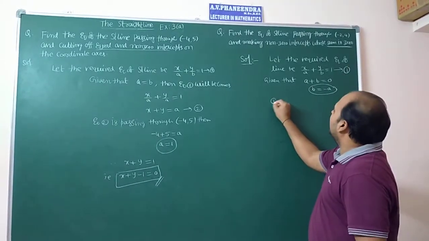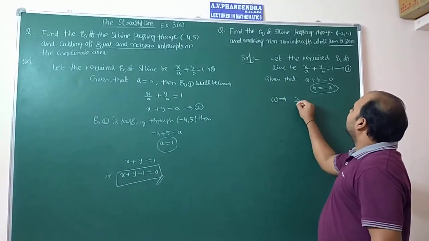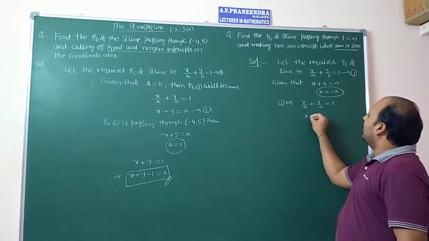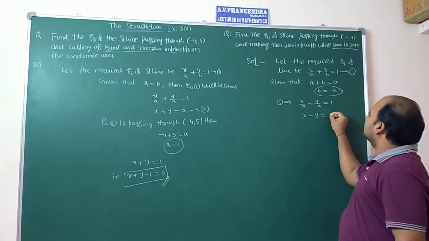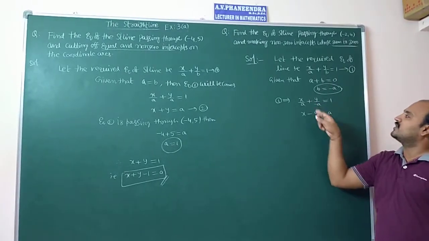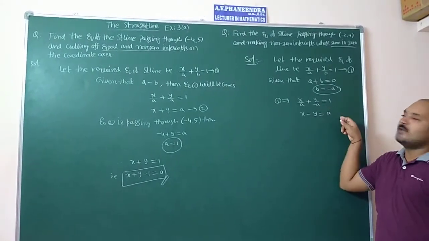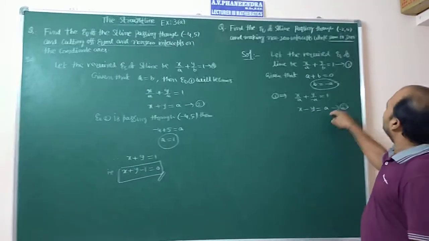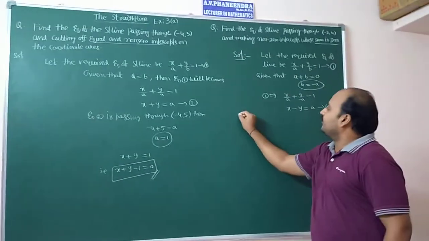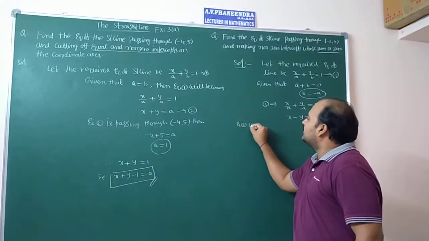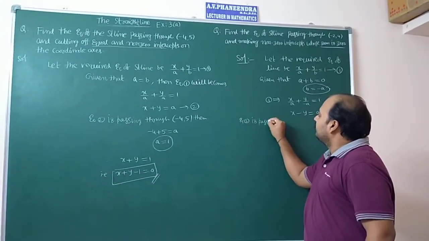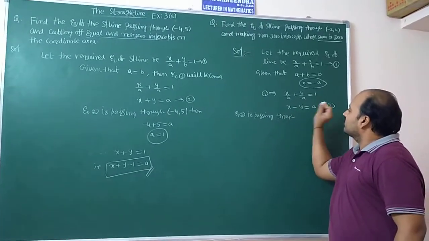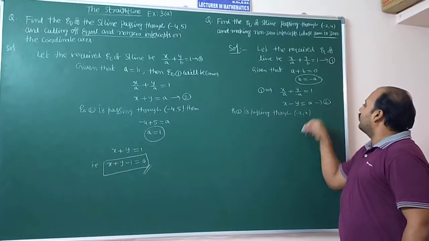So equation 1 implies x by a plus y by minus a equal to 1, which we can write as x minus y is equal to a. Here minus into plus is minus, the LCM is the same, and a we can take to this side. Therefore this equation is equation 2. This equation 2 is passing through minus 2 comma 4.